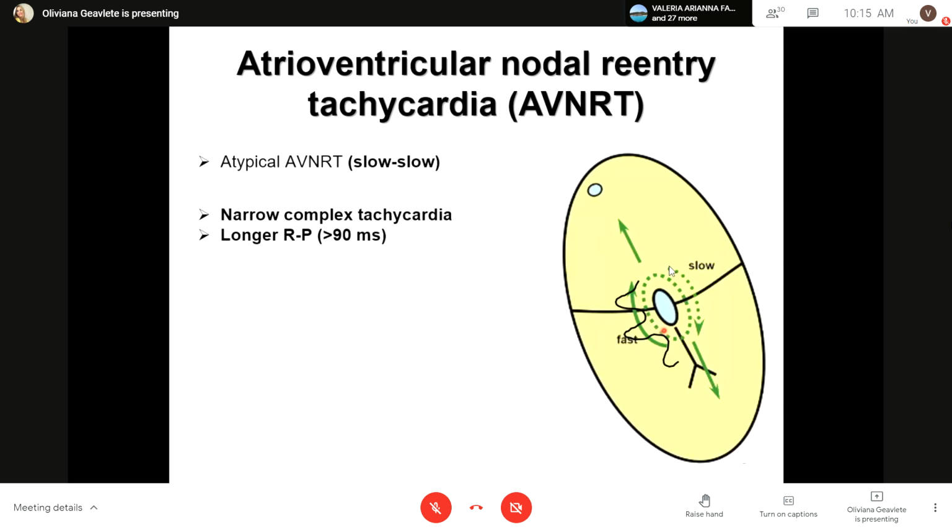And for this reason, you will have a narrow QRS complex because the His-Purkinje system activates the ventricle, but you will have a longer RP because the activation of the atria is slower. So this one is the atypical AVNRT with a longer RP segment.